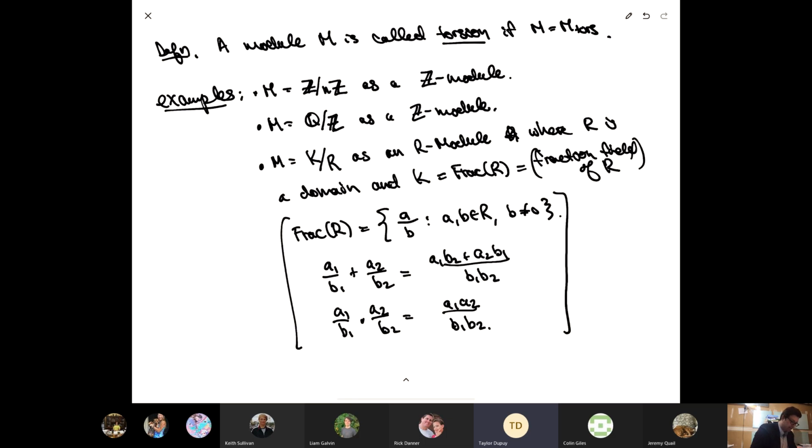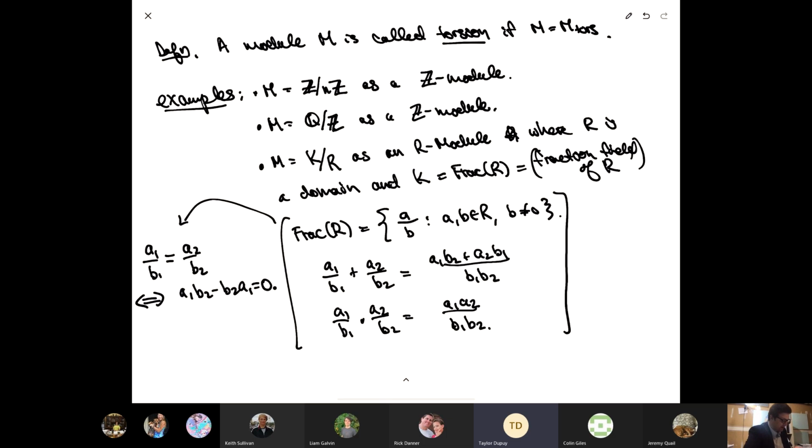Maybe I should say one more thing about the fraction field: to test when two elements are equal, you subtract them and check that they're 0. So a1 over b1 equals a2 over b2 if and only if a1 b2 minus b1 a2 is equal to 0.